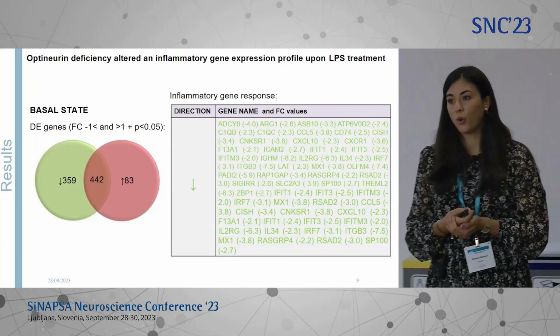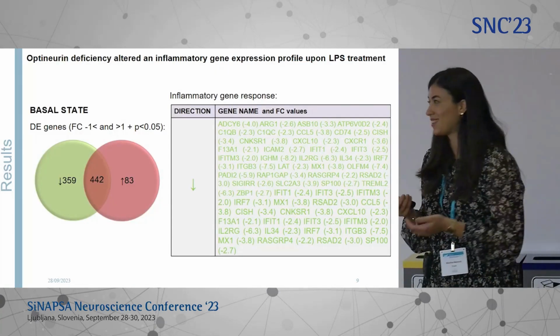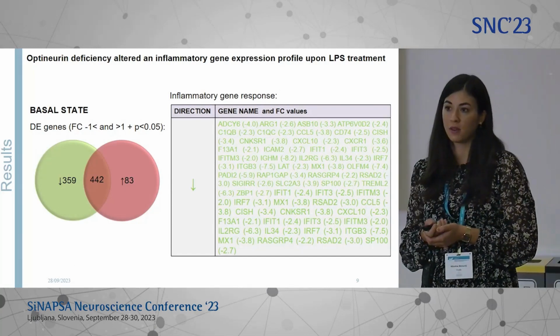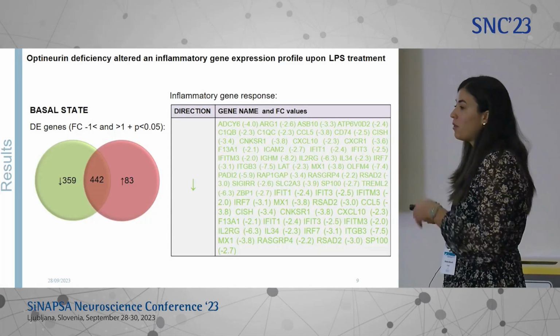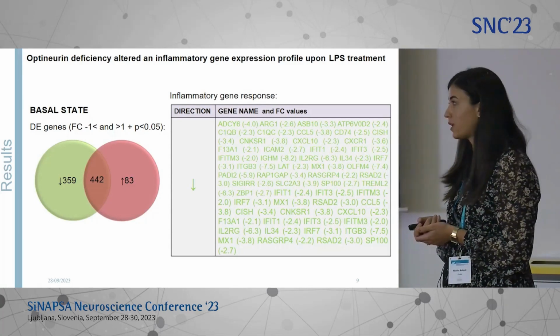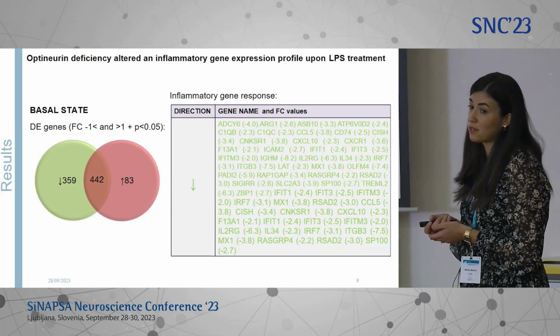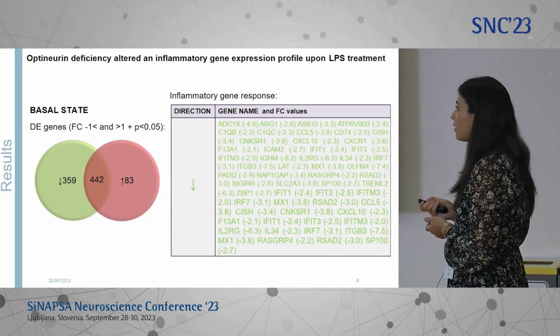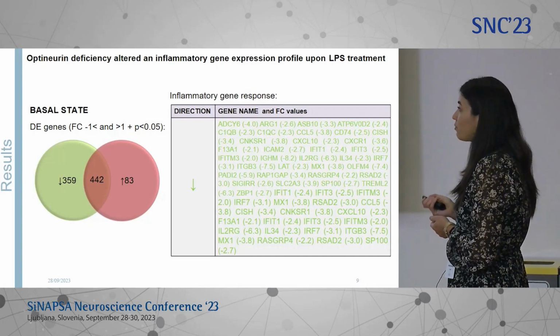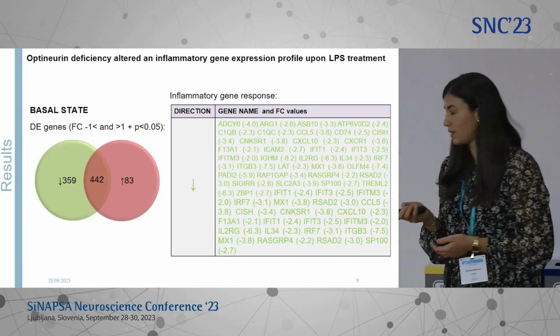Somehow here we hit a dead end, so we went back to basics and did RNA-seq analysis, because, as I said before, we were thinking that our cells are chronically activated. But surprisingly, in the basal state in our knockout cells, most inflammatory gene responses were downregulated.